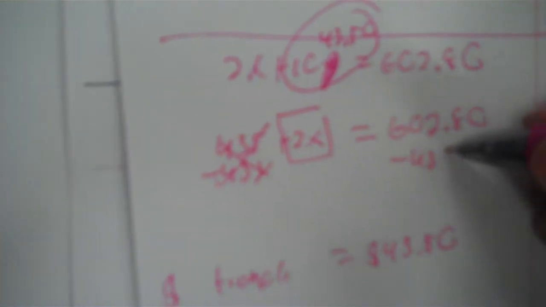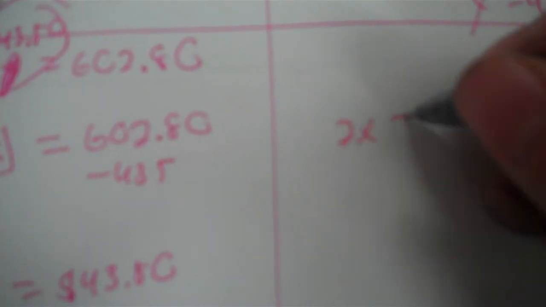I minus the 435. So 602.80 minus 435, and that's going to be 167.8 divided by 2. $83.90. So the nights are $83.90.